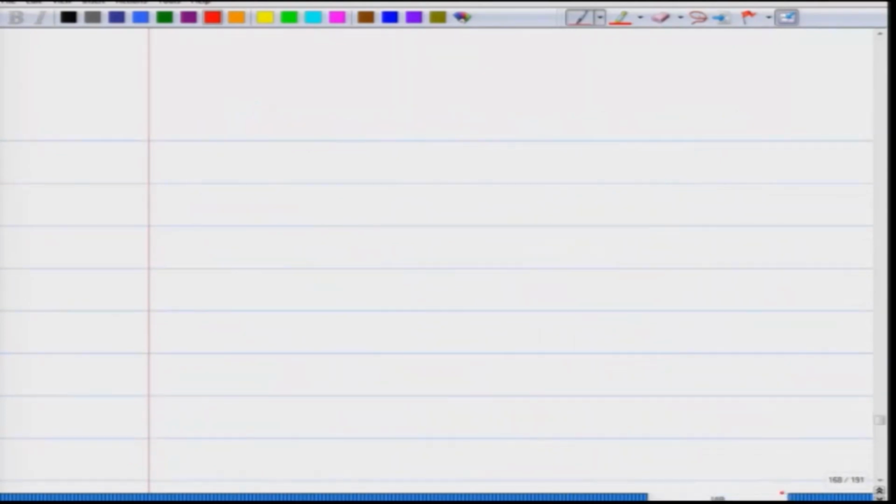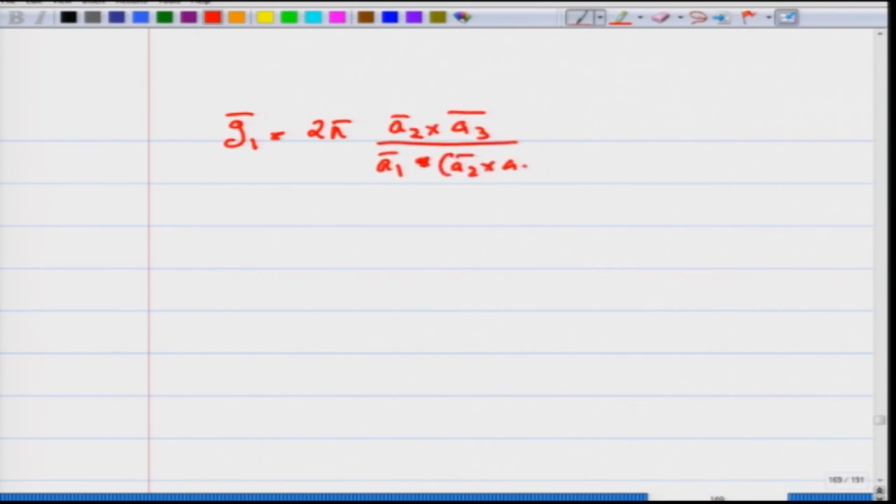So, G1, which is 2 pi A2 cross A3 divided by A1 dot A2 cross A3, will be equal to 2 pi by A x cap. So, G1 is along the A1 direction. If you recall, A1 is A x cap.